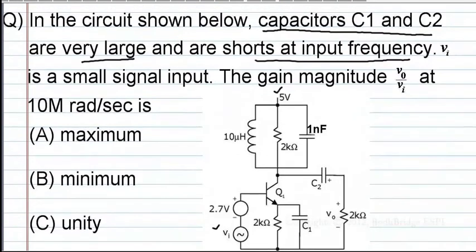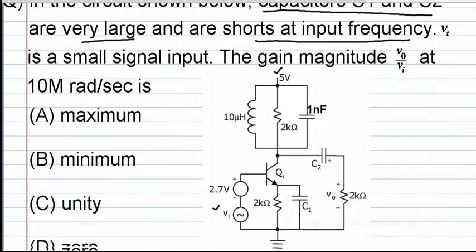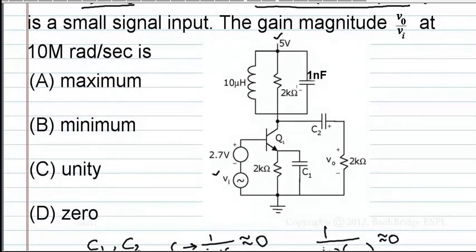You understood, right? Now we want the magnitude at this frequency, 10 mega radian per second omega.